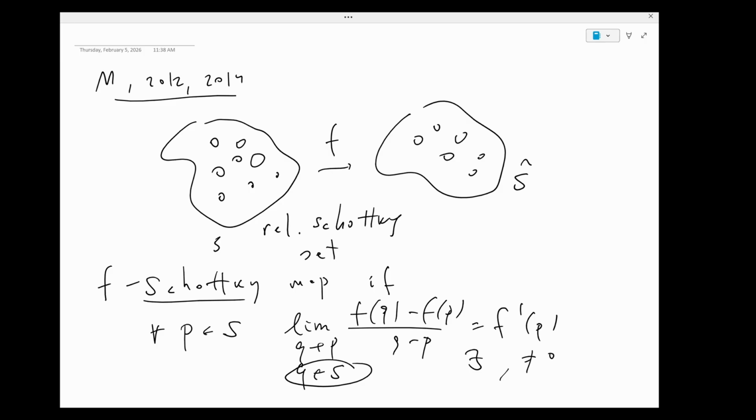In addition, we require that f prime, so defined, is continuous on S. So once again, we call a map between two relative Schottky sets a Schottky map if for every P this limit of the difference quotient along the set exists, is not equal to 0, and in addition this so-defined map is continuous.